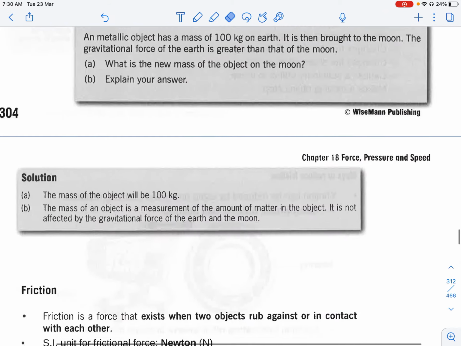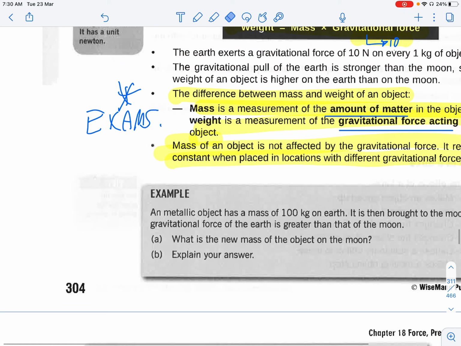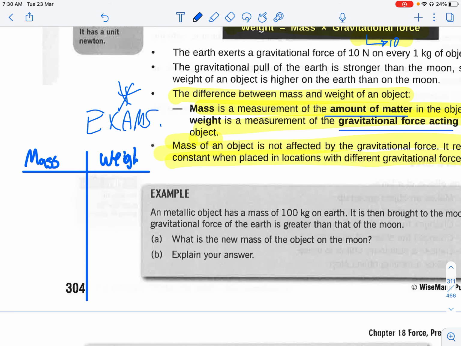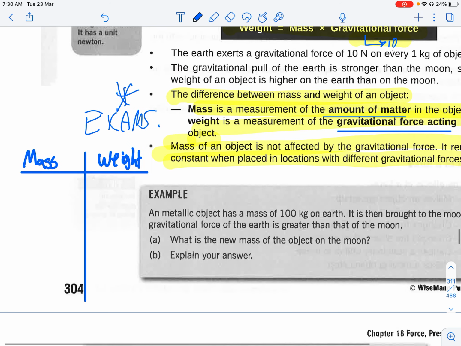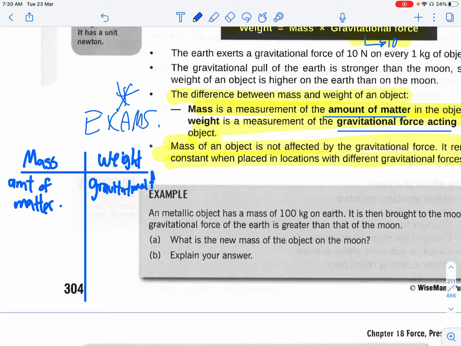So you have your mass and your weight. For mass, it's basically a measurement of the amount of matter, while weight is the gravitational force acting on the object.